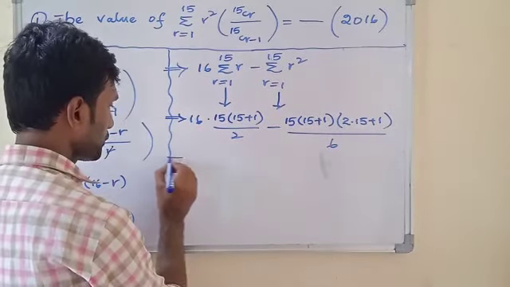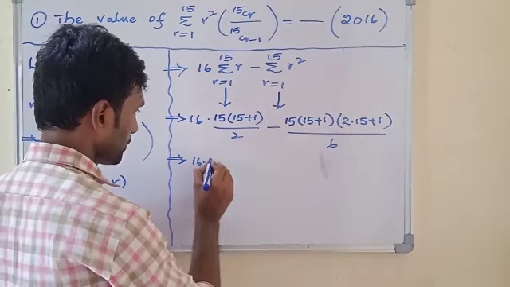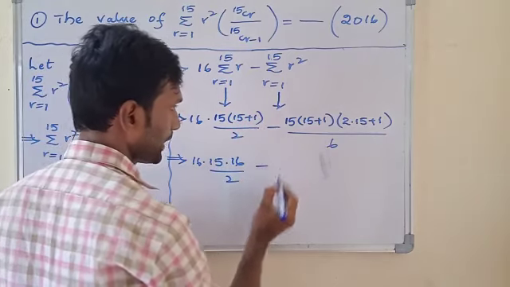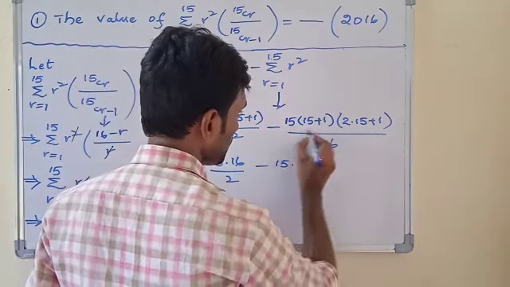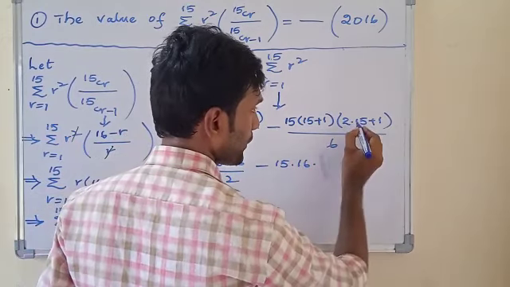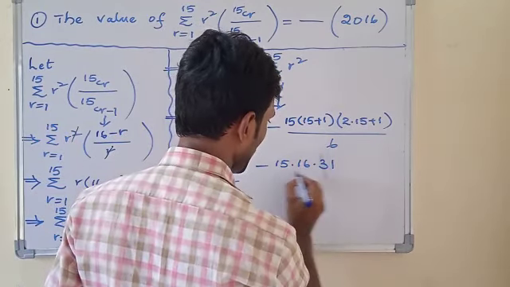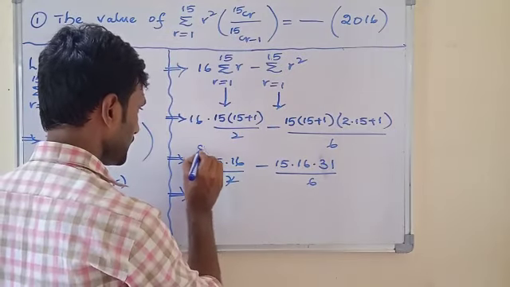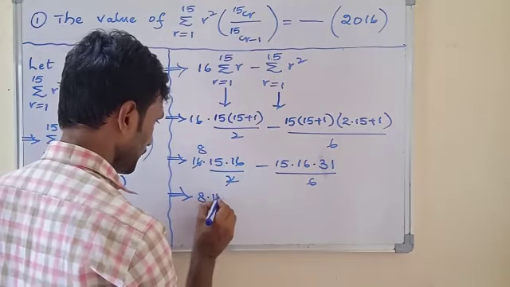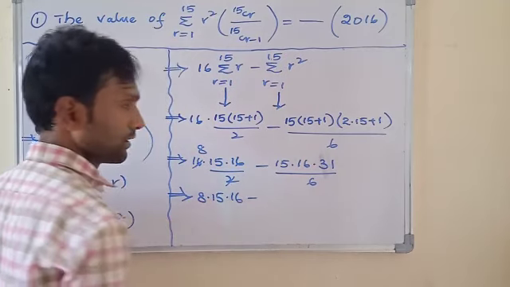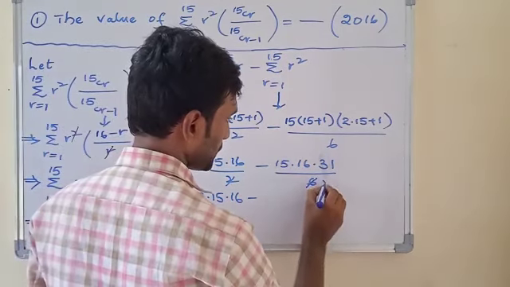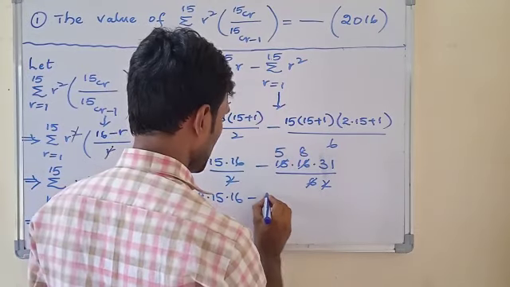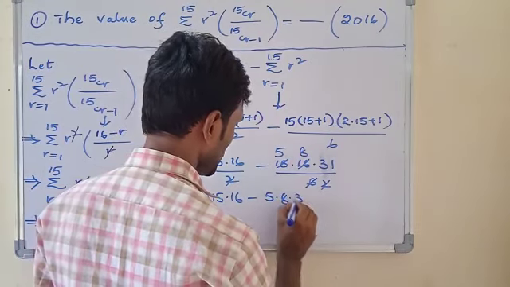By simplifying these two terms: 16 into 15 plus 1, 16 by 2, minus 15 into 15 plus 1, 16, 2 15s 30 plus 1, 31 divided by 6. See this one. Now 2 in 16, 8 times, 8 into 15 into 16, minus, 3 2s, 3 5s, again 2 in 16, 8 times, 5 into 8 into 31.